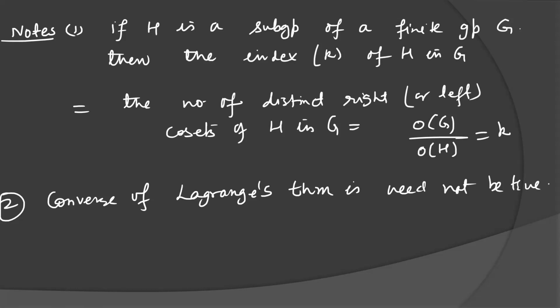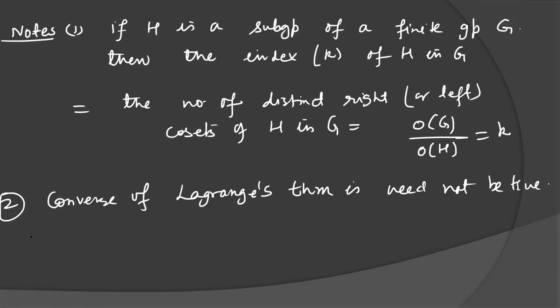Means we cannot make any comment that if a group has order 12, then for all the divisors of 12, 1, 2, 3, 4, 6, 12, we will have a subgroup. Suppose I am saying that I am a group of order 6, then I cannot make a comment that I have a subgroup of order 2, 4 or 1. Means for divisors we cannot make a comment.